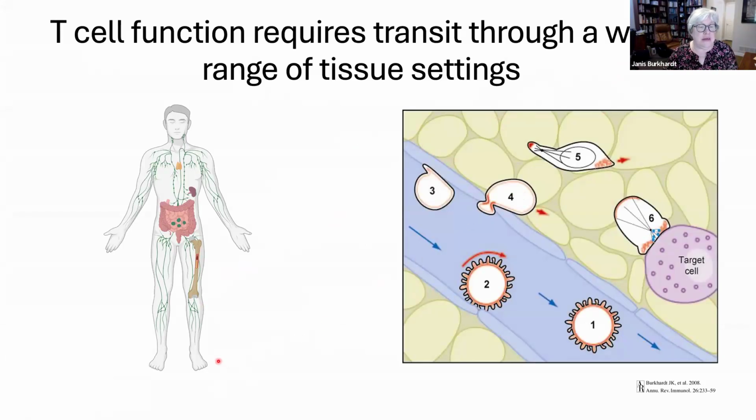They travel amazingly long distances, and one minute they're moving in a dense 3D environment, then they may find themselves circulating in the bloodstream, moving in 2D along vascular walls, transiting between endothelial cells, and then back again into a dense tissue environment. And so to do all these different functions, they really need to be very plastic in terms of their cytoskeletal behavior, the forces they exert on their environment, in order to navigate all these different obstacles.